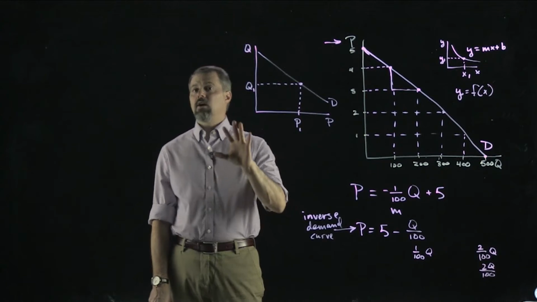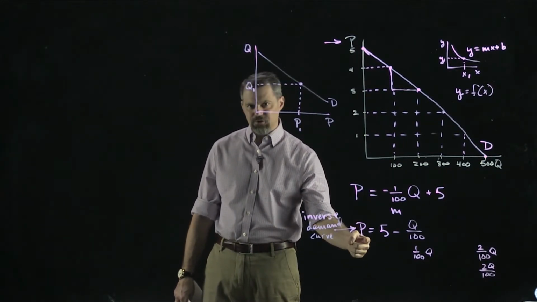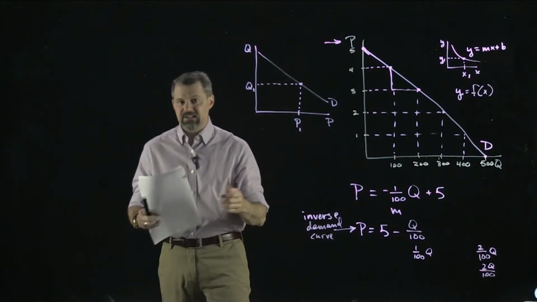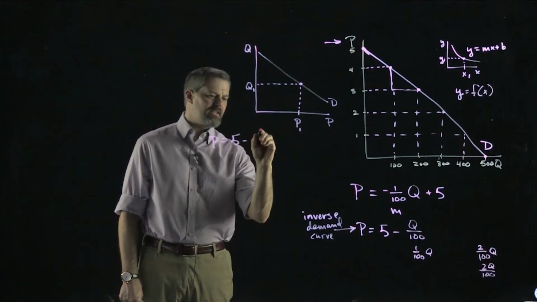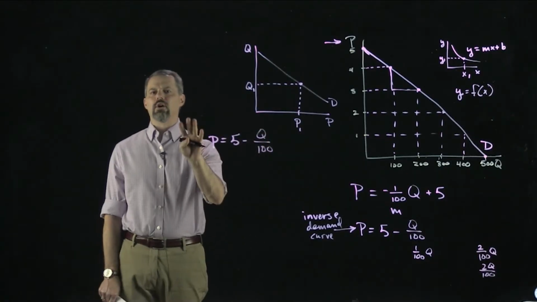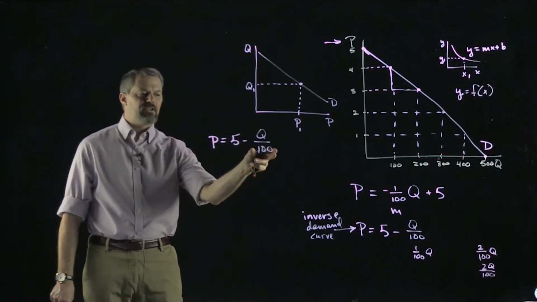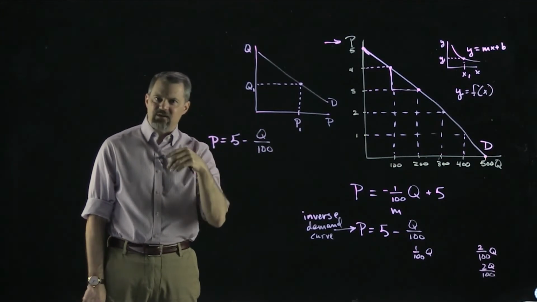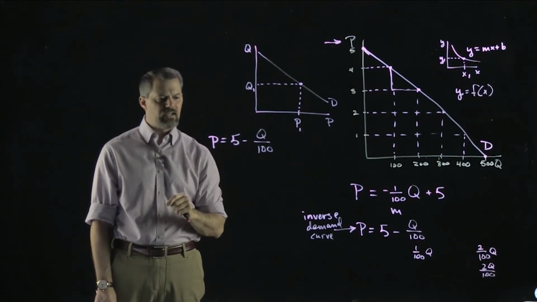Okay? Now all you have to do to get the demand curve, if you're starting with this, is you simply invert it. So let's do that. P equals 5 minus Q over 100. So what I'm going to do is solve for Q by itself instead of P. The first thing I'm going to do is, I like to put the thing I'm solving for over here on the left side.